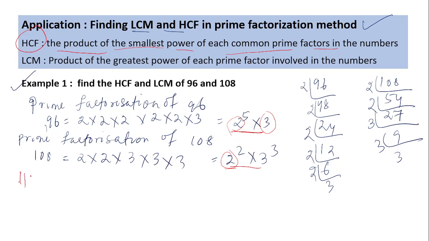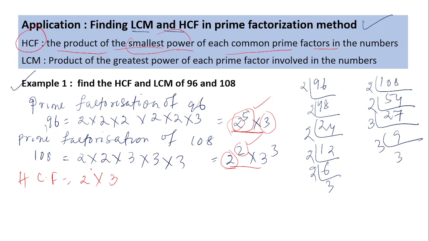So what will be the HCF? HCF is the product of the smallest power of each common prime factor. What are the common prime factors? 2 is a common prime factor and 3 is also a common prime factor. But it is written that we take the smallest power. In the first number, the power of 2 is 5; in the second, the power of 2 is 2.